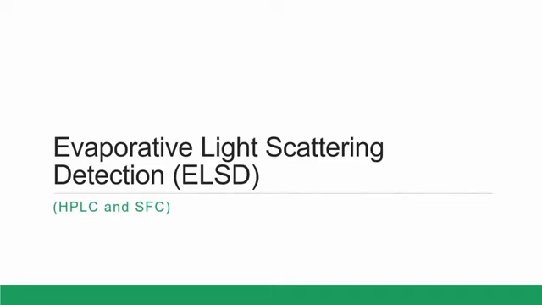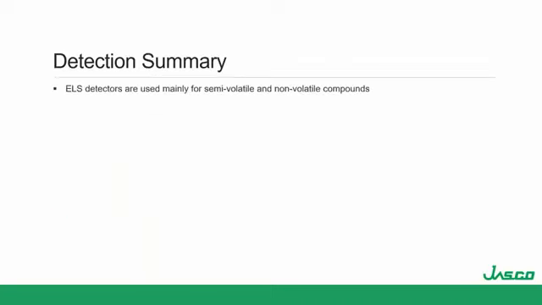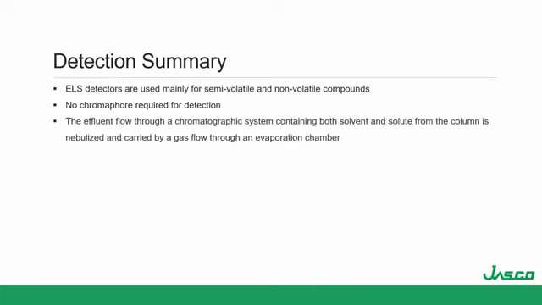All right, on to the final detector, which is evaporative light scattering detection, or ELSD. This can be used for both HPLC and SFC. ELS detectors are mainly used for semi-volatile and non-volatile compounds. No chromophore is required for detection.